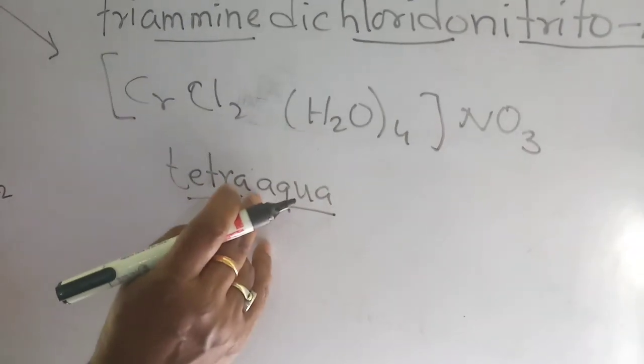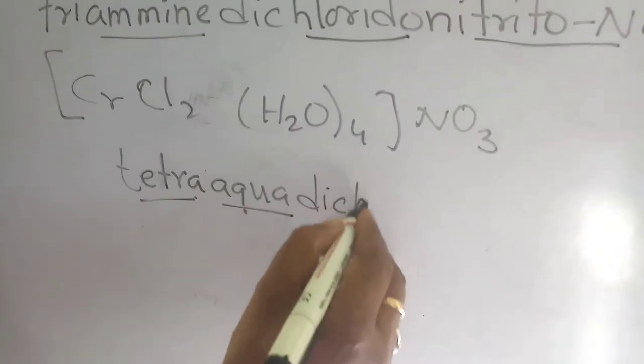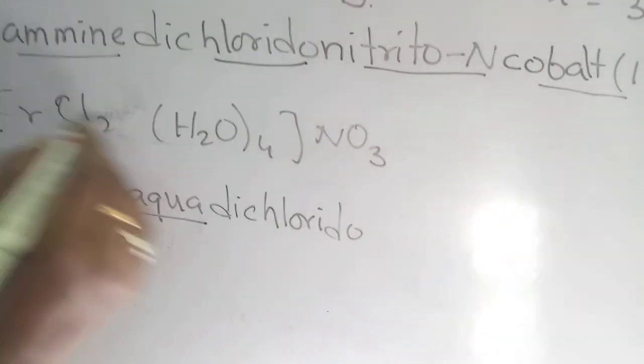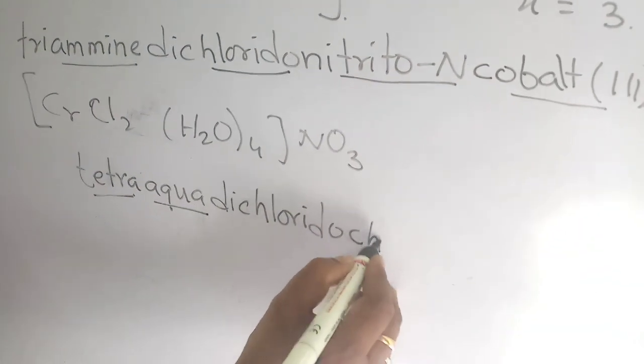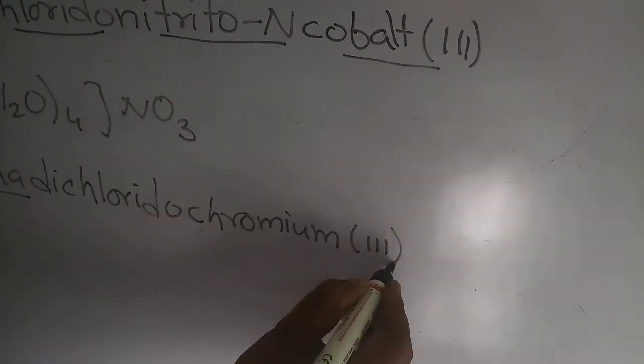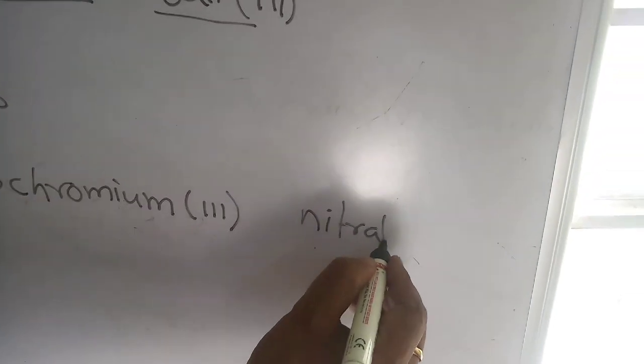Don't fix it as a single A, otherwise you will be wrong. Dichlorido, C-H-L-O-R-I-D-O. Now chromium, C-H-R-O-M-I-U-M, chromium(III). And then nitrate, give a gap and then nitrate, N-I-T-R-A-T-E.